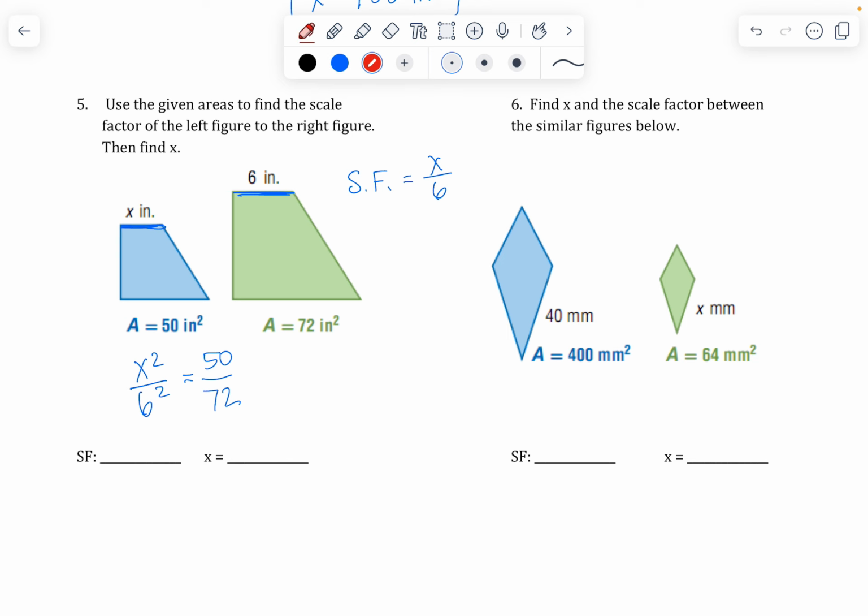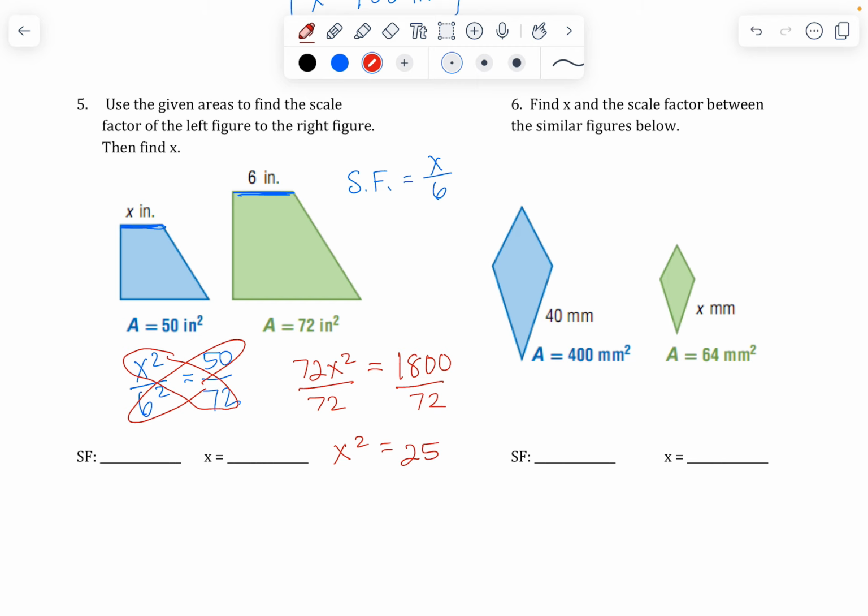Now we're going to cross multiply. So we're going to have 72 times x squared. And then we're going to have 6 squared times 50. Now 6 squared times 50, if you type it in, is 1,800. Divide both sides by 72. X squared turns out to be 25.